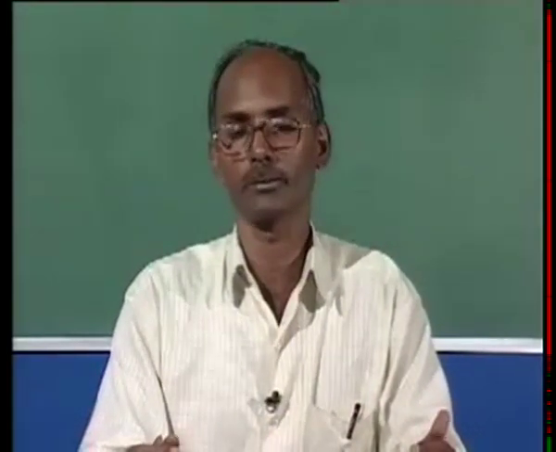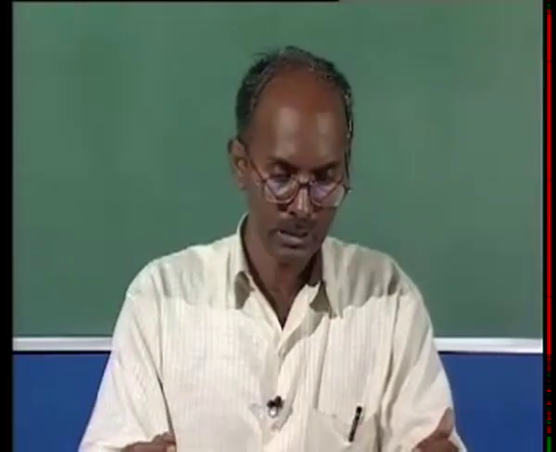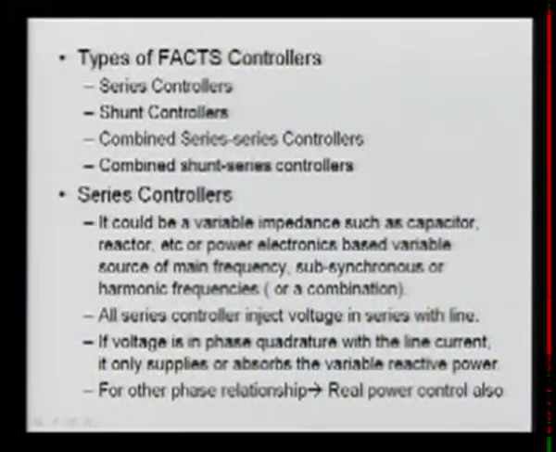First are series controllers, connected in series as the name says. Shunt controllers are connected to the bus. Combined series controllers are placed in the series of two lines. Combined shunt and series controllers have a shunt always connected to the bus and then to the ground, and a series inside the line.